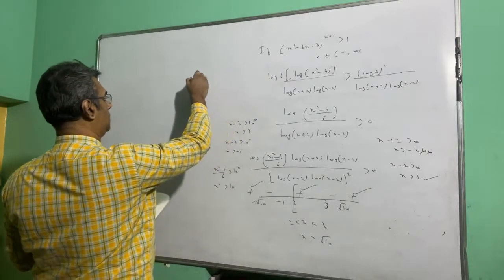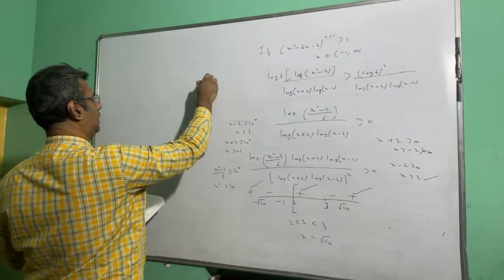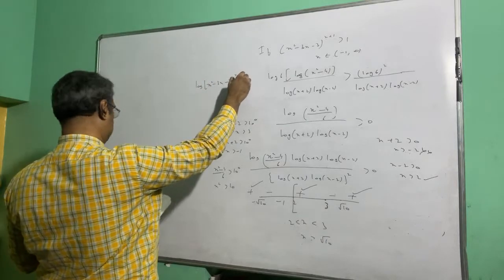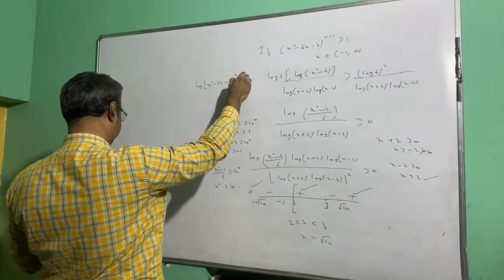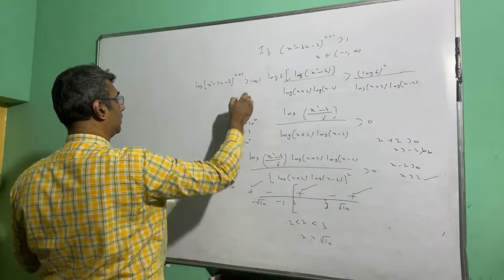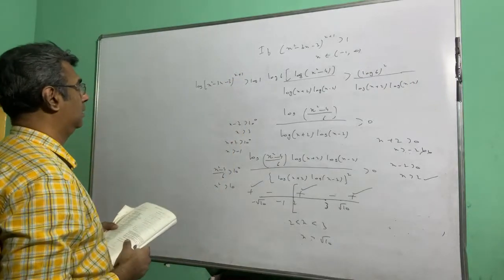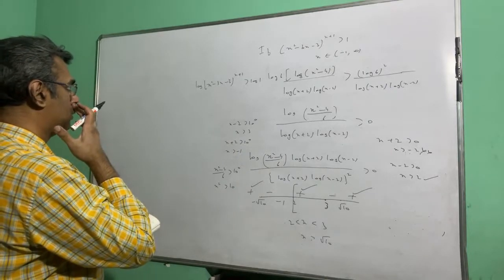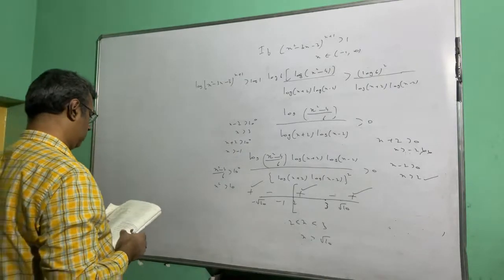So to solve this question, suppose if I take log on both sides, so log of x squared minus 3x minus 3 to the power x plus 1 is greater than log 1.